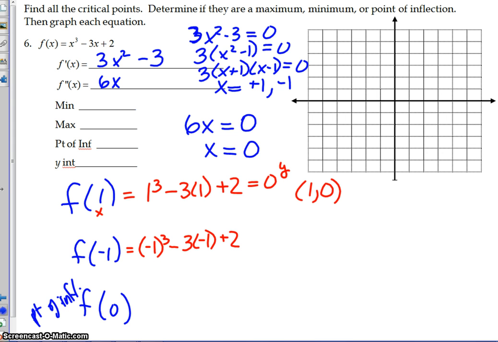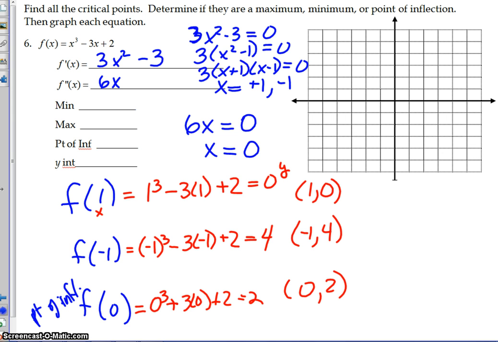This would be negative 1 plus 3, which is 2, plus 2 is 4. And then f of 0 would be 0, plus a negative 3... it's another 0, and then plus 2. So we get 2. So this was the point (negative 1, 4). This is the point (0, 2), and we know that that's going to be our point of inflection.